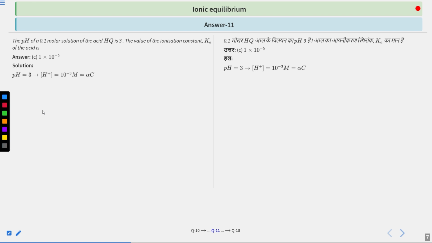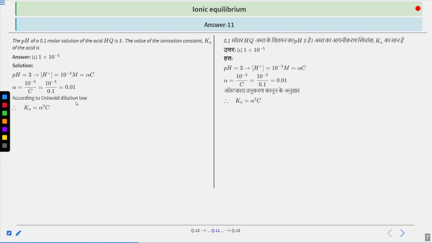And this is equal to C alpha for an acid like HQ. Now what is alpha here? Alpha is equal to 10 to the power minus 3 by the concentration, which is 0.1. If you put this value here, it comes out to be 0.01. So this is your alpha value.